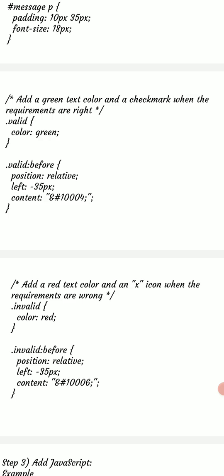Also, if the given password satisfies all the conditions, all the conditions will be marked in green color. If the conditions are not satisfied, it will notify which condition is not satisfied, and that condition will be marked in red color, so that we can easily identify which condition we have missed.